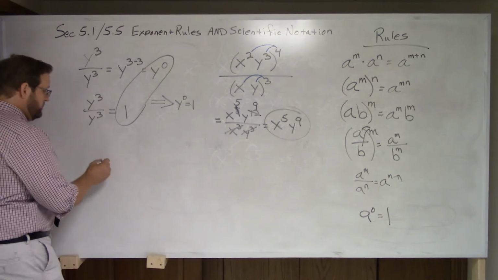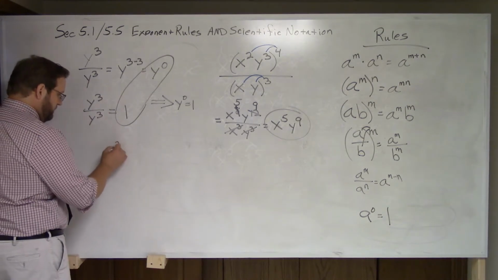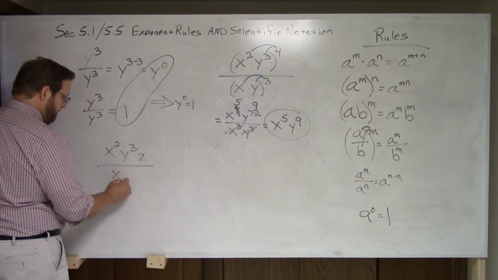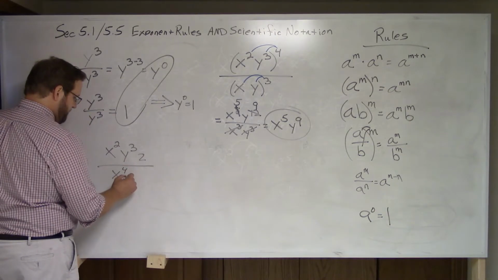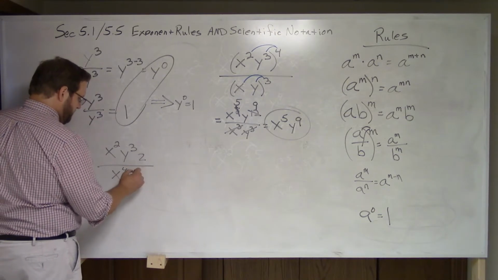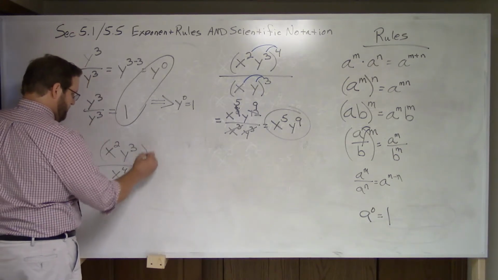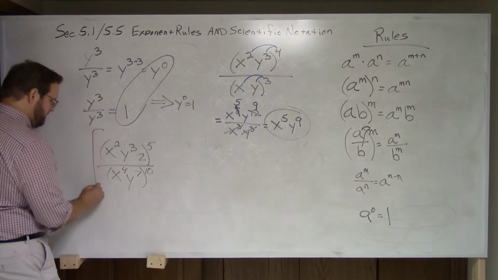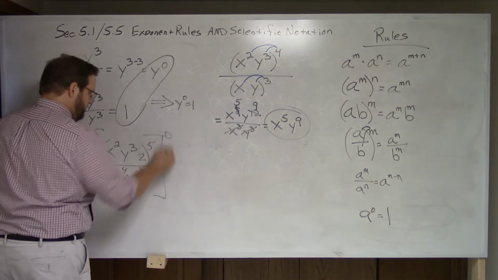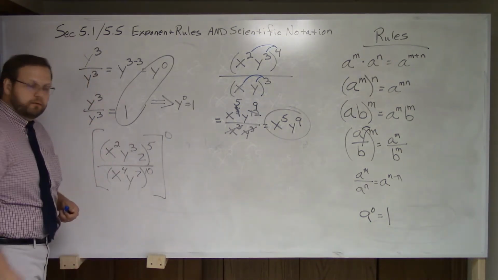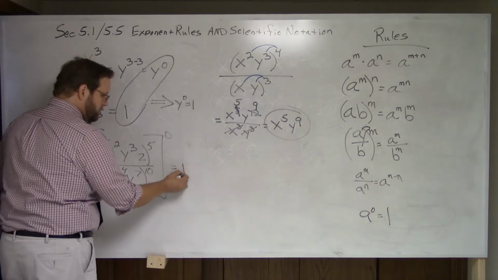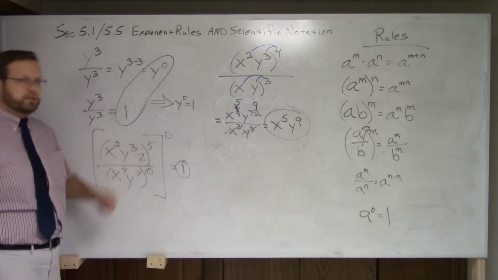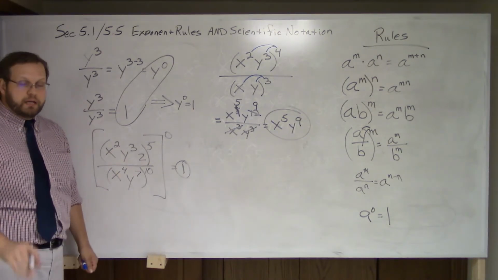If I give you something like this, what am I going to get? That's it. Because all of this mess is raised to the 0 power, 1. End of story.